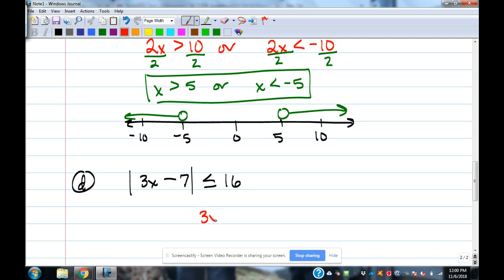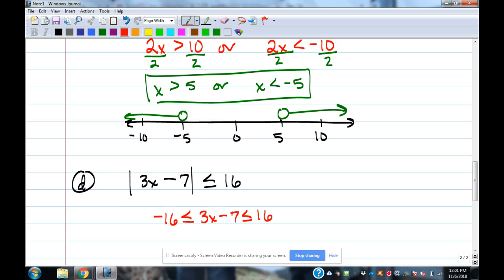We've got 3x minus 7 is less than or equal to 16. On the other end, we're going to put another less than or equal to symbol and then negative 16 there. That's how you're going to set those up every time. It's not ever going to be any different. You get to Algebra 2 and you do these, it sets up the same way. It doesn't change ever.